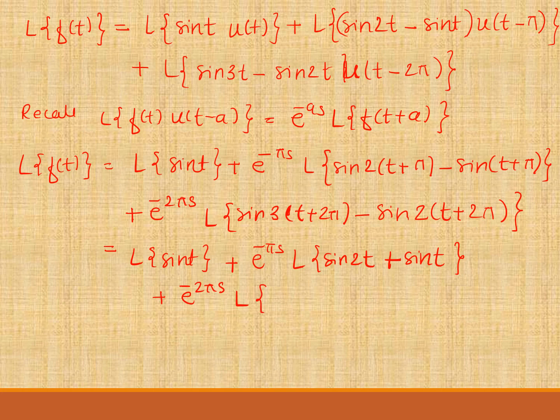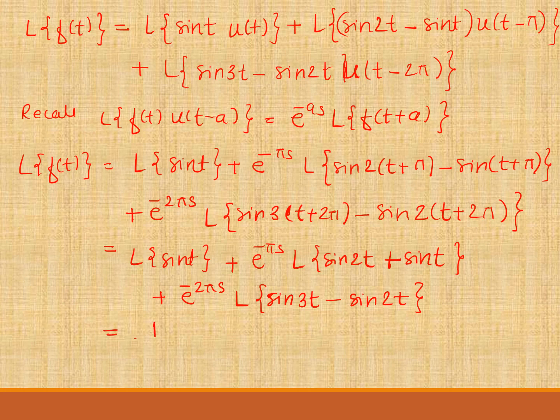So sin of n pi plus theta is sin theta, so it is sin 3t, and again sin 2t plus 4 pi is minus sin 2t. So minus sign will remain as it is. So n pi plus theta, when n is even, it is sin theta, and when n is odd, it is minus sin theta. So now just need to take the Laplace of this.